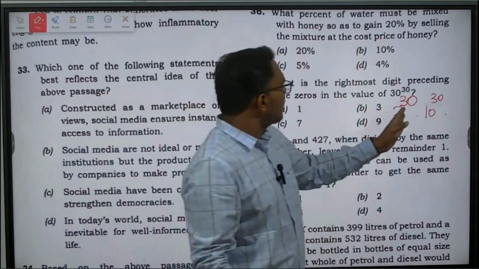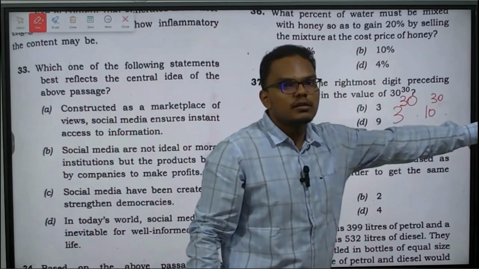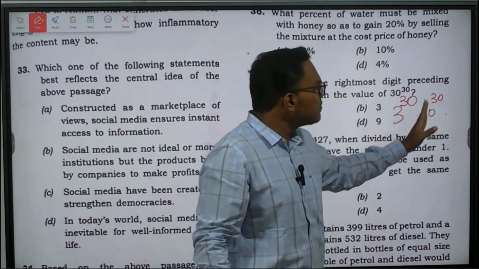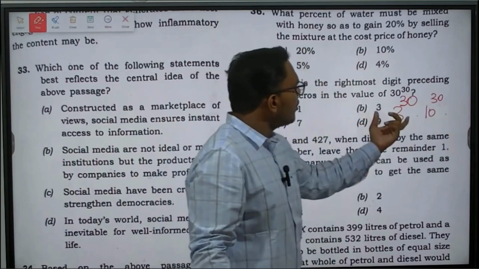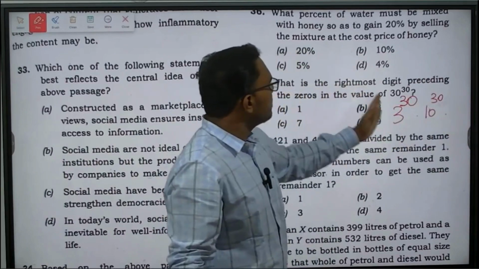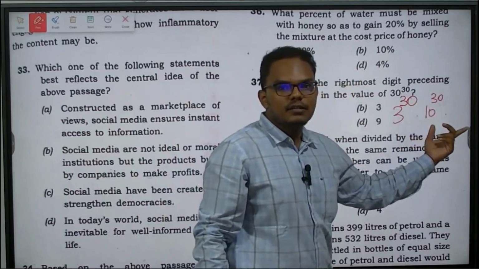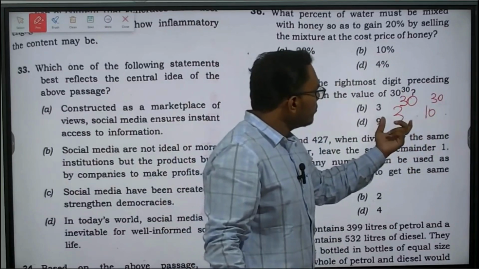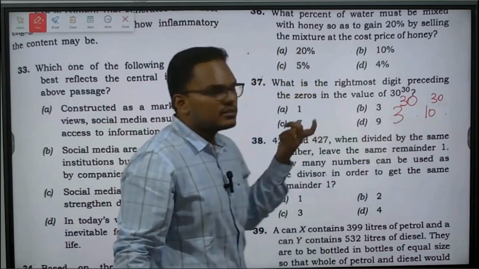This 10 power 30 will have only zeros. So if you want to know the rightmost digit preceding, preceding means before, you're going to have 30 zeros in the end, so the first number before those zeros is the preceding one. So now you need to know what digit this 3 power 30 is going to end with.